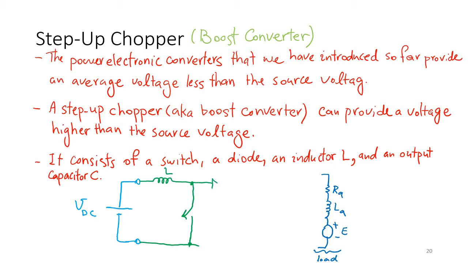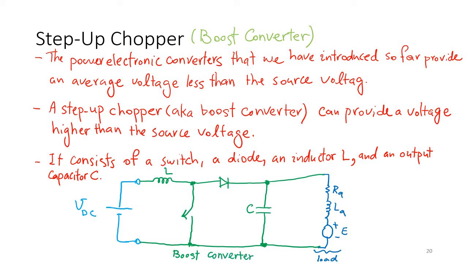We have a diode. We have a capacitor, C. This green part all together is a boost converter.